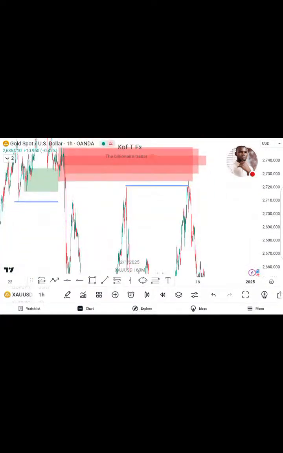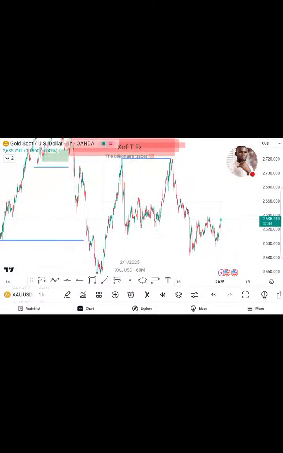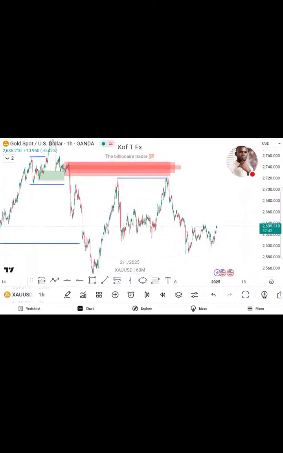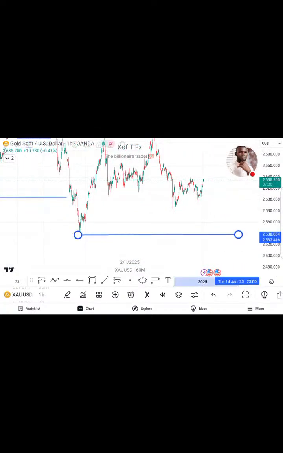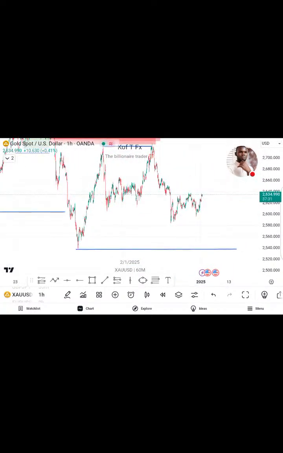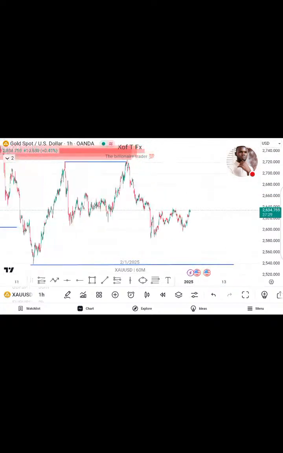So that's it. Now, although this liquidity has been grabbed, that liquidity has been grabbed, and this is the final target, my main target for this. So I'm still looking at this.